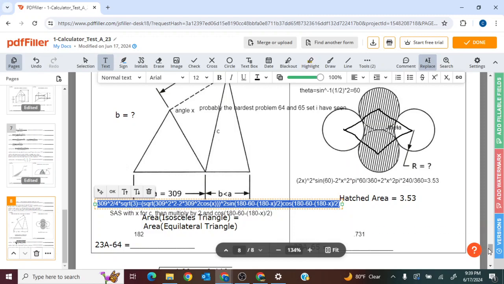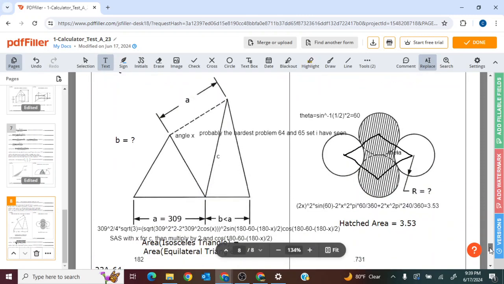Next one. This one's also pretty difficult. So you're looking for the hatched area. The real problem is this stuff right here in the middle, which means you have to use a bit of a unique approach. The best way I found is that you want to turn this into a kite, and then you subtract these two areas right here, and then add back on these two.